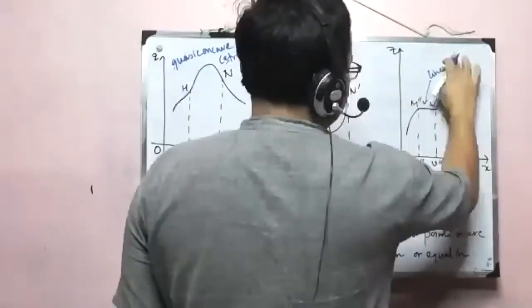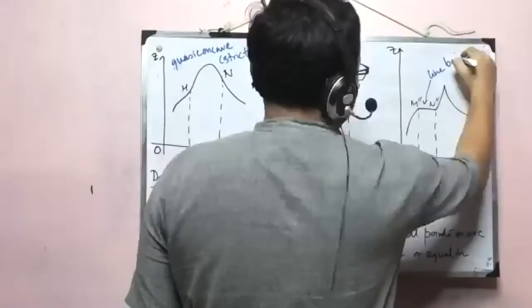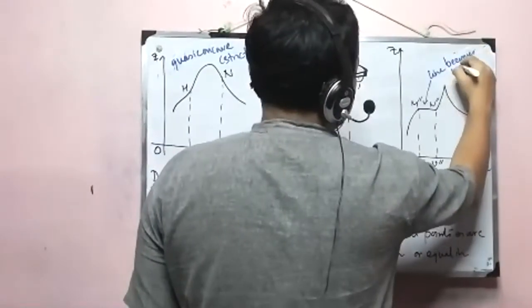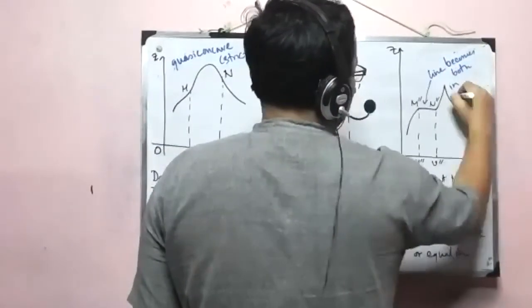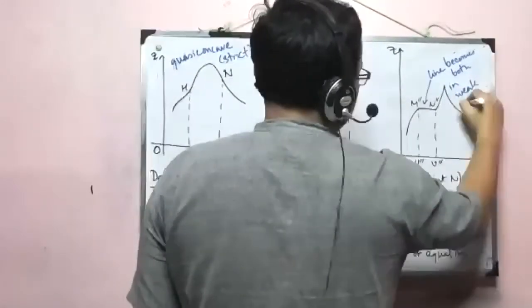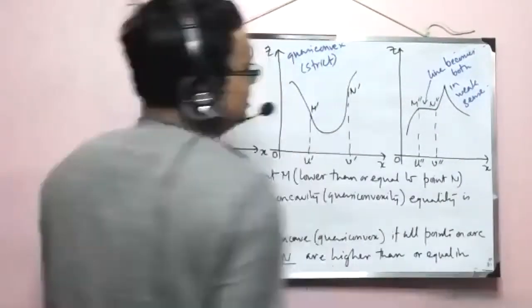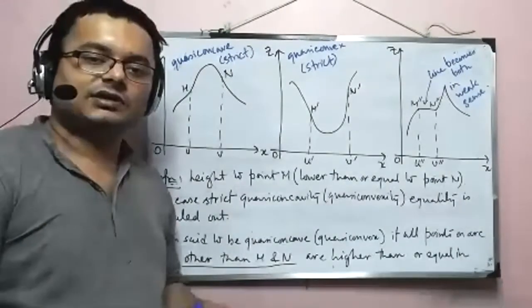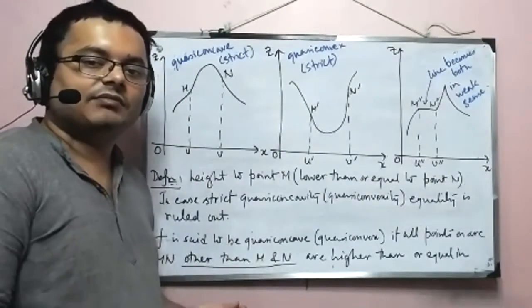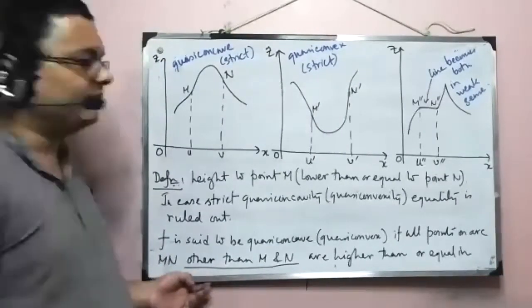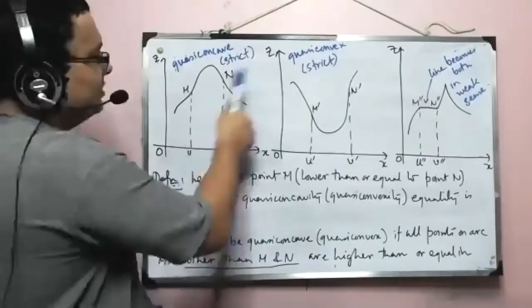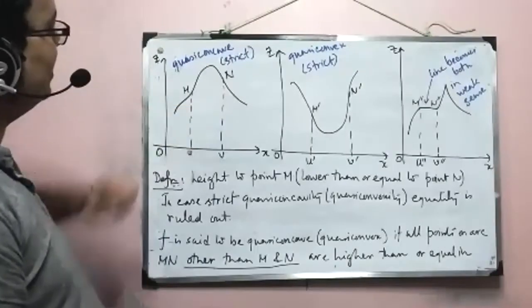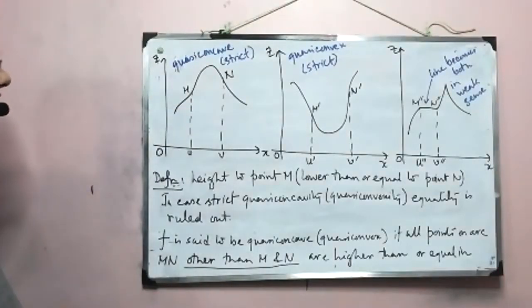So this line becomes both in a weak sense, right? So this portion M double dash and N double dash is both quasi-concave and quasi-convex, but in a weak sense. Whereas this one is strictly quasi-concave and this one is strictly quasi-convex.